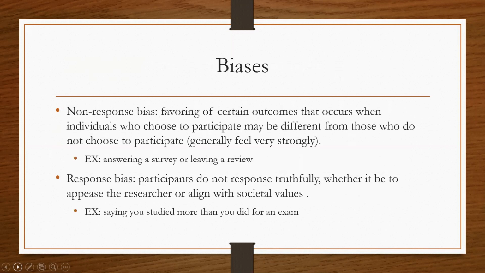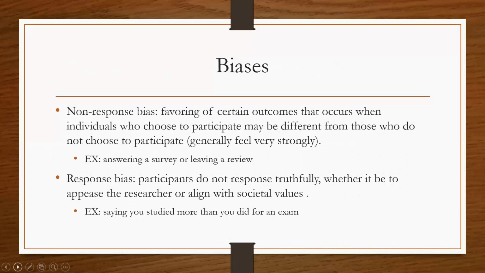Biases. First, you've got non-response bias. That's basically someone who chooses not to participate, or someone who chooses to participate. Think of it like a survey. Surveys are completely optional. I'm sure you guys got one to fill out about the tutors here at GSG, or about your teachers.